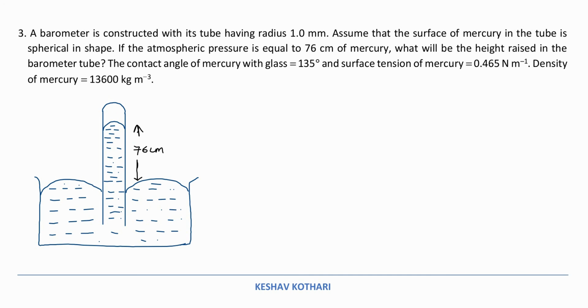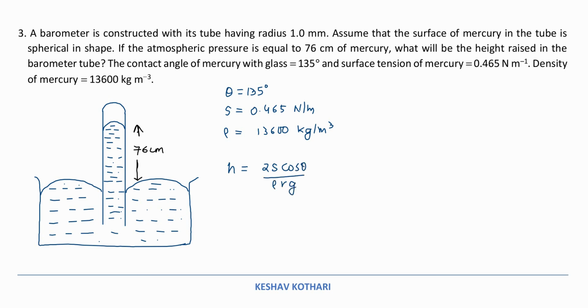So if I go with the formulation, theta is given as 135 degree, surface tension S is given as 0.465 Newton per meter, and density of mercury is 13600 kg per meter cube. The dip in the capillary is 2S cos theta upon rho r g.